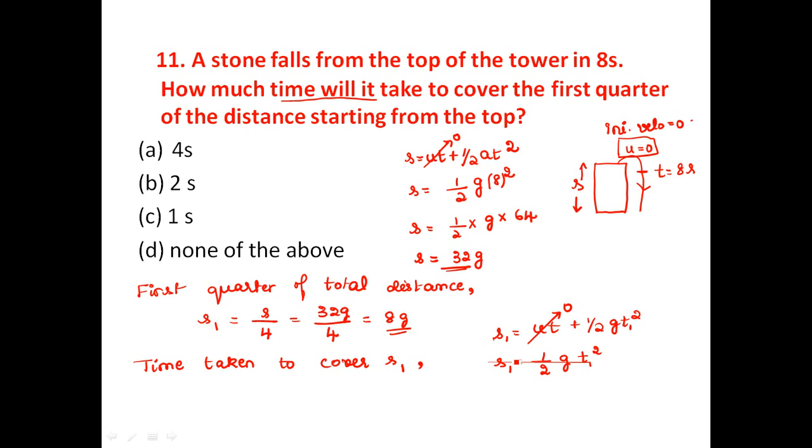What about this S1? It is equal to 8g. S1 is equal to 8g, half g t1 square, which cancels g and g on both sides. t1 square will be 16. Therefore, t1 is equal to 4 seconds. And the correct option here is option A, 4 seconds.